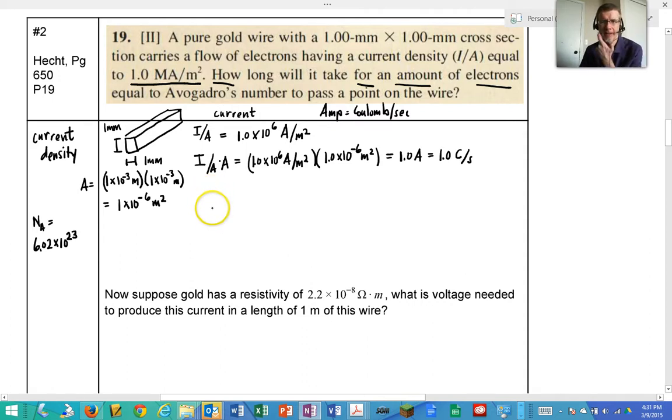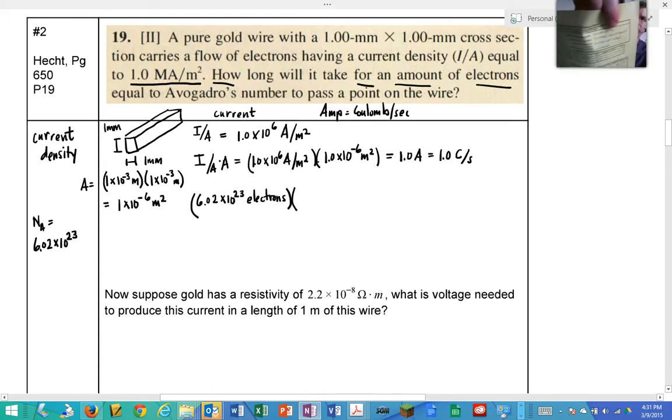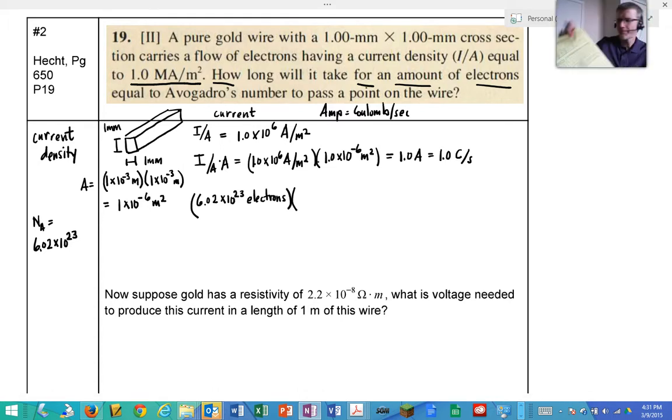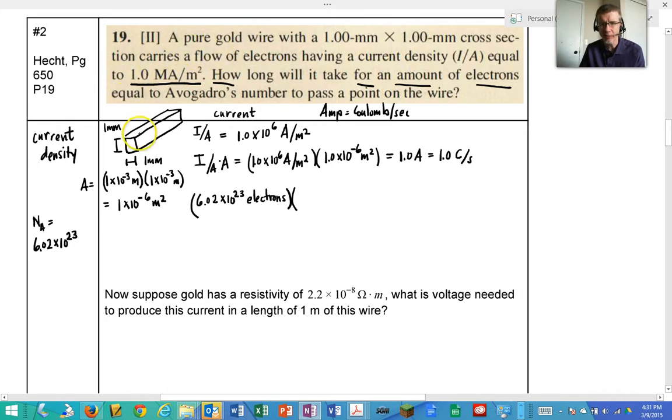So if I have so many electrons, so 6.02 times 10 to the 23rd electrons, but I know each electron has a certain amount of charge in coulombs. That's on your formula sheet. So the charge on an electron, 1.6 times 10 to the minus 19 coulombs per electron.